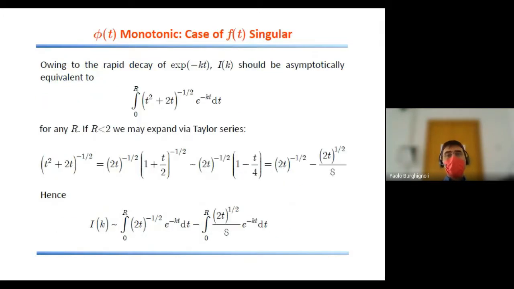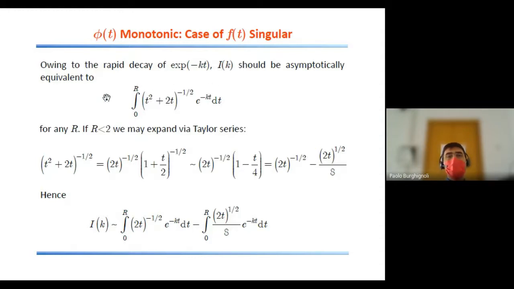This integral, in which the upper integration limit is equal to 5, should be asymptotically equivalent to the same integral in which the upper integration limit is replaced by an arbitrary number. That is because if we change the upper integration limit, we are introducing some exponentially small error that can be neglected with respect to any power asymptotics.